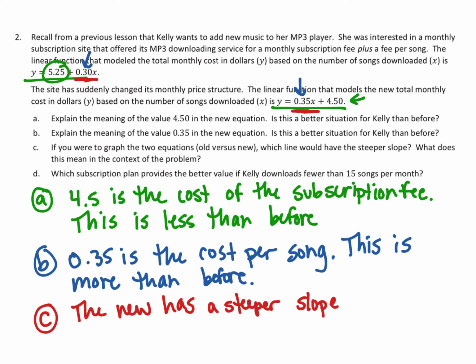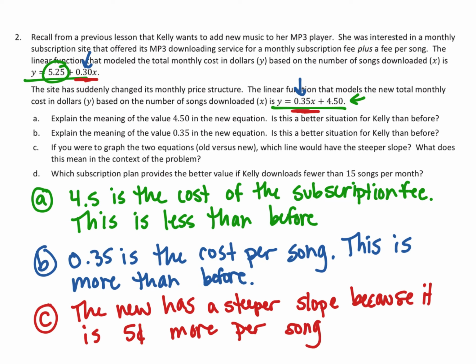And what does this mean in the context of the problem? It's 5 cents more per song. So it's steeper because it's more per song.